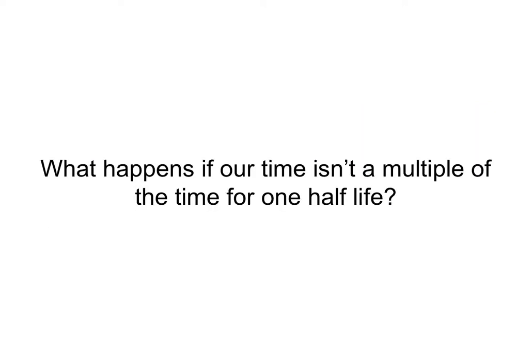So with that, that'll bring us to our more general equation, where we ask what happens if our time isn't a multiple of the time for one half-life. So for example, if we were measuring this count after 38 days instead of after 36 days, what would we expect to see?